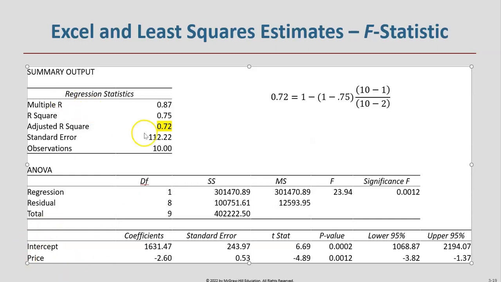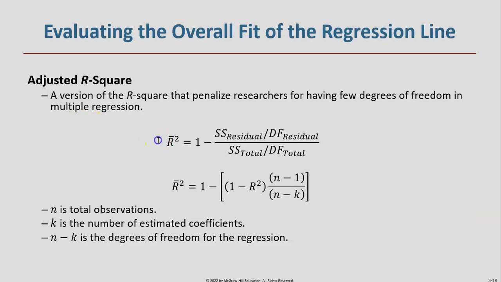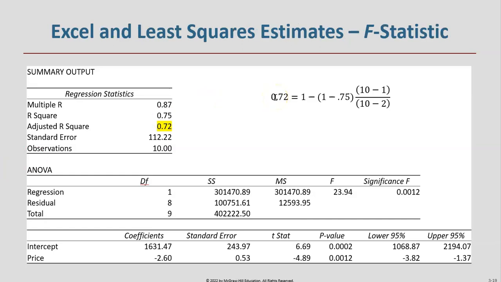To calculate the MS for the total sum of squares, you would divide 402,000 by 9 to calculate the adjusted R squared using the formula. In this example, I've calculated 0.72, which is the adjusted R squared, which you'll find in the regression statistics table. So if you multiply 0.275 by 9 and then divide by 8, and then subtract that from 1, you get 0.72.